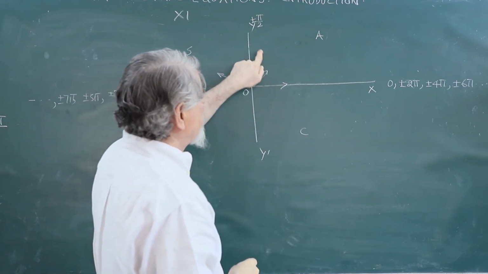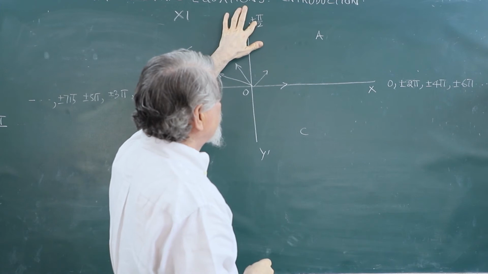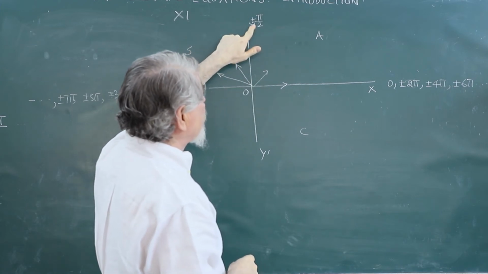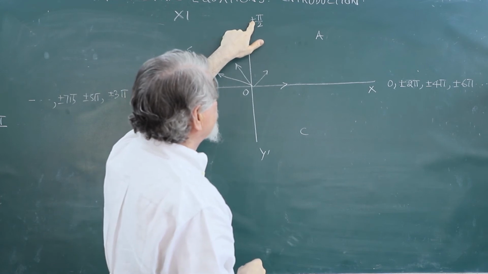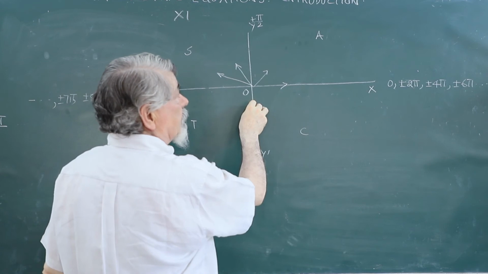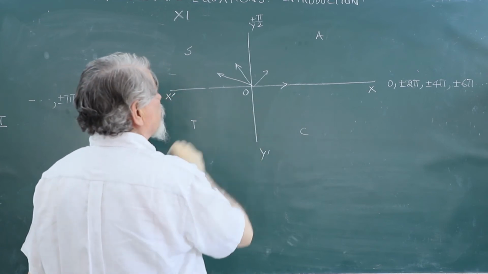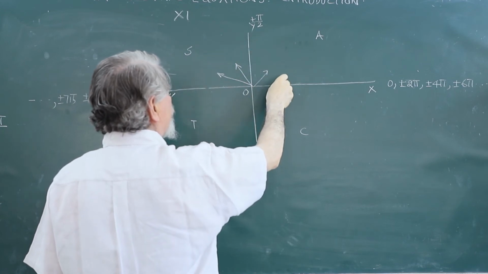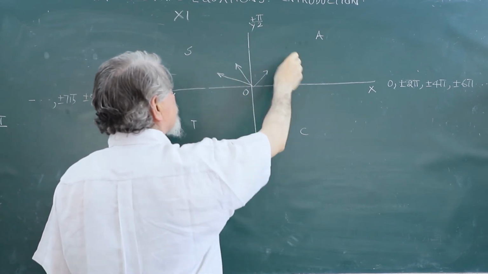If you are coming from this side, it will come different. It is plus pi by 2 here, it will be minus pi by 2 here.